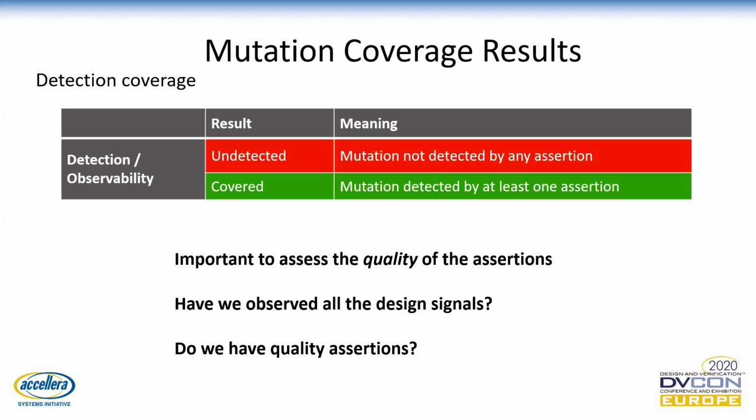Covered means that after a mutation has been performed, at least one check is failing. On the other side, undetected is the opposite of covered: if a mutation has been applied, there is no change in the results of the checkers.